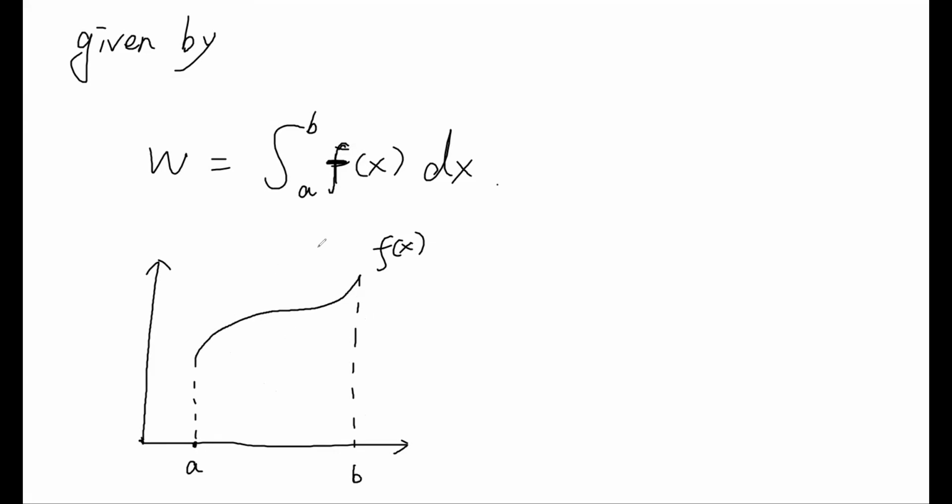Then although we can calculate the work directly by W is equal to F multiplied by D, but if we divide this interval a to b into a lot of subintervals, like x1, x2, and so on. Then suppose there's an xi plus 1 here.